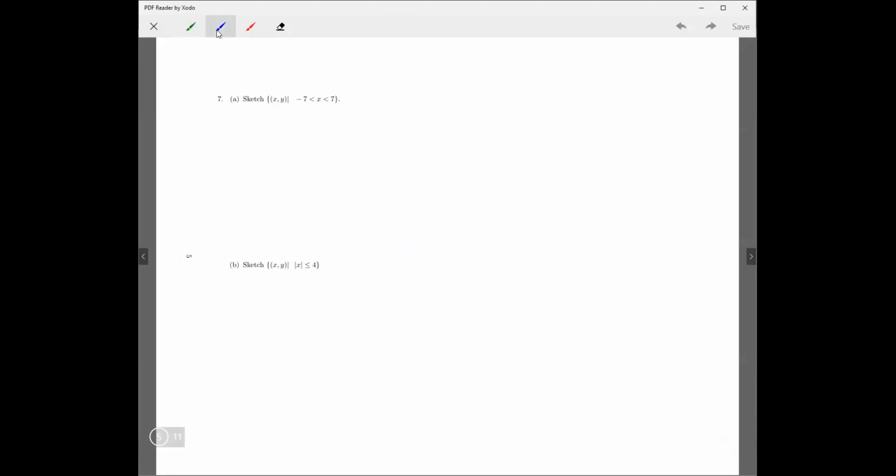Sketch the points (x, y) such that x is between -7 and 7. This is going to be a two-dimensional sketch. x equals -7 would be over here. This is strictly less than, so you're going to draw a dotted line, and that's -7.